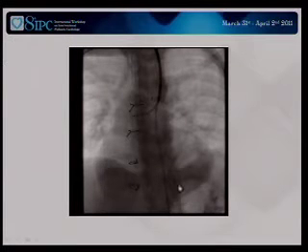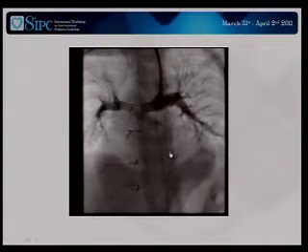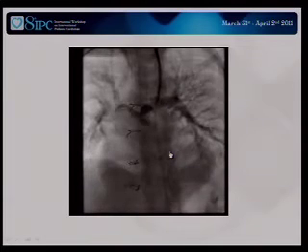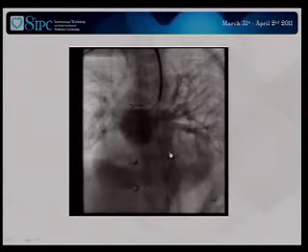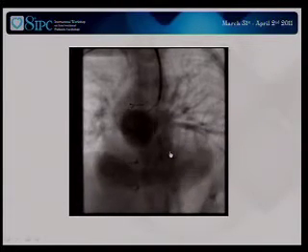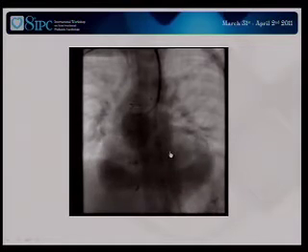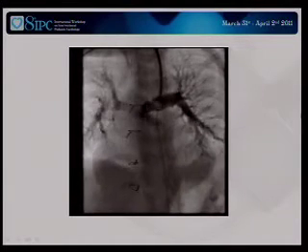So this morning, these are all images from the previous cath with the small and restrictive ASD.